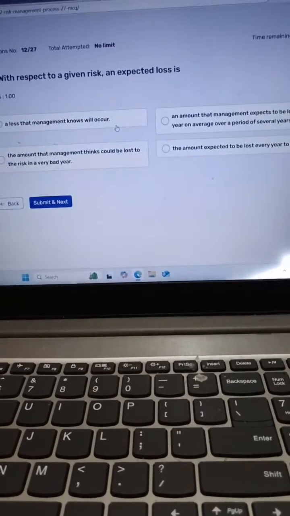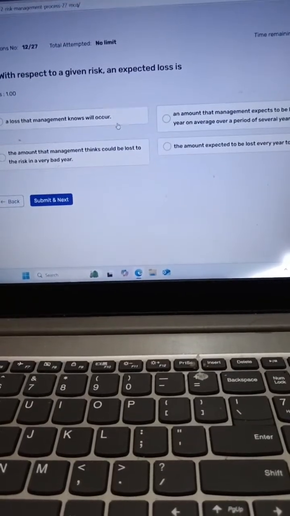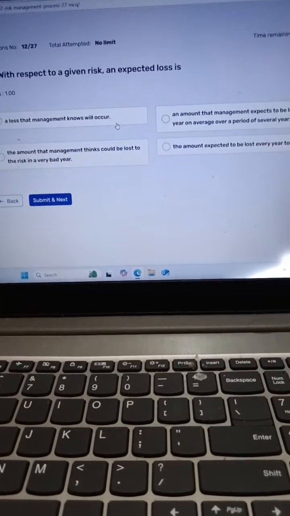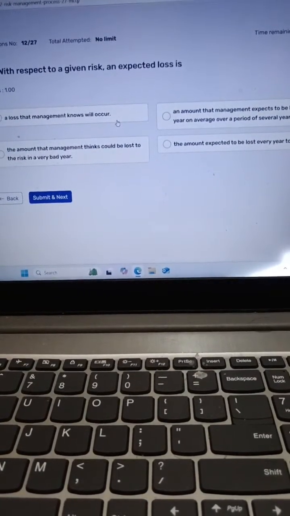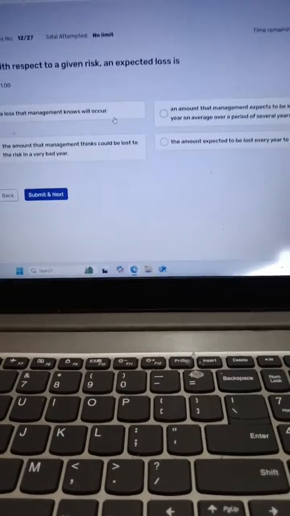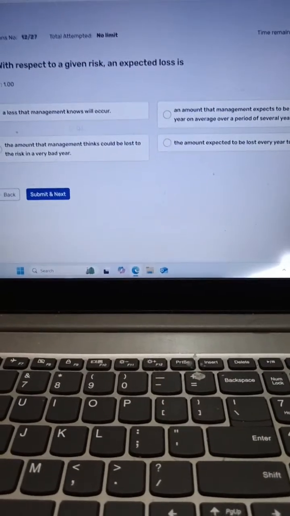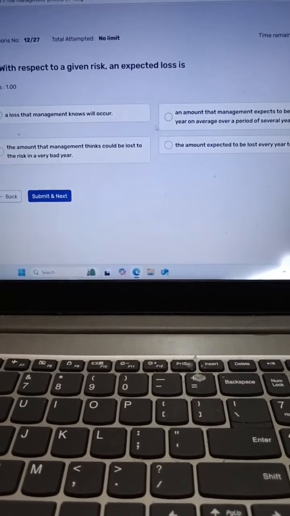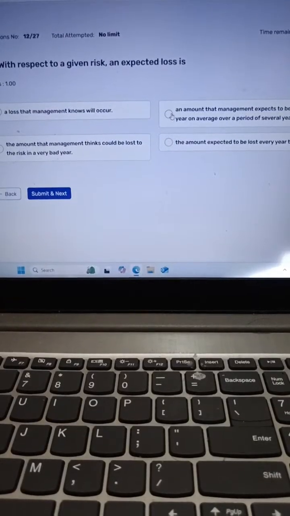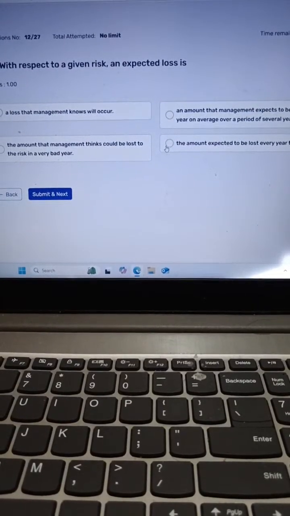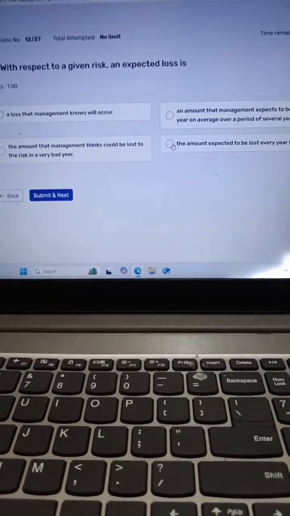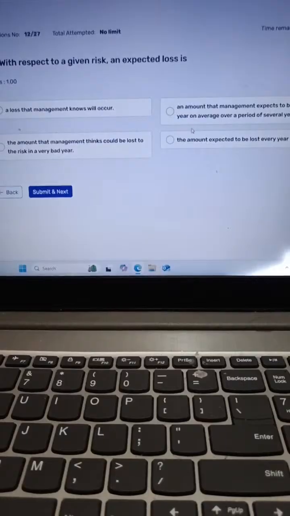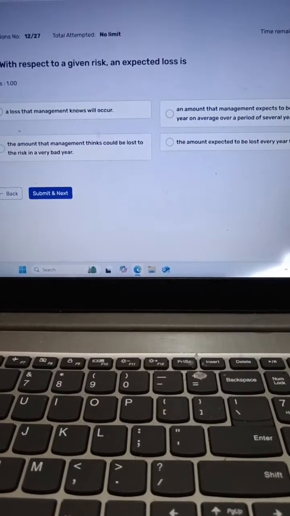Amount expected to be lost per year on average over a period of several years. These two options are correct, I think; out of these, one is the correct option, but these two options are not correct.